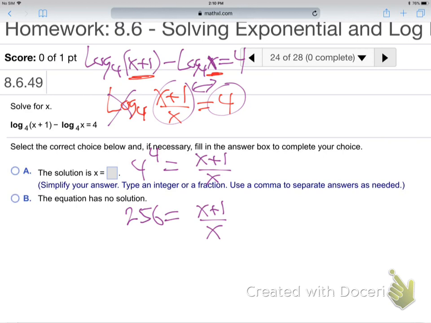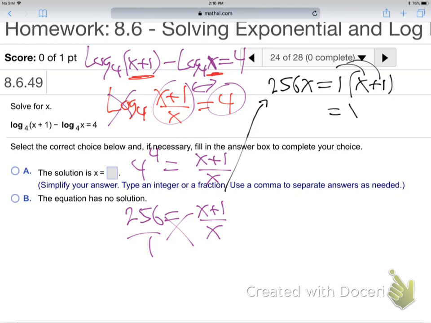Now, what do we do to solve that? Yeah, put the 256 over 1, go diagonal, diagonal. Cross multiply? Yeah. That's right. 256x equals 1 times x plus 1.